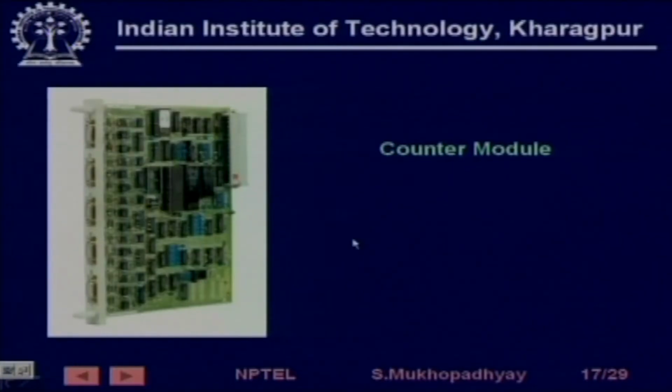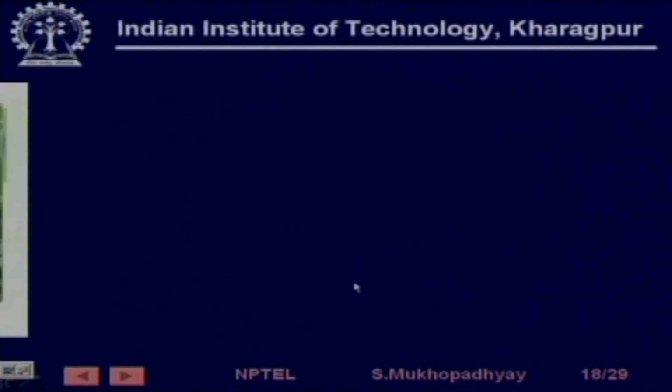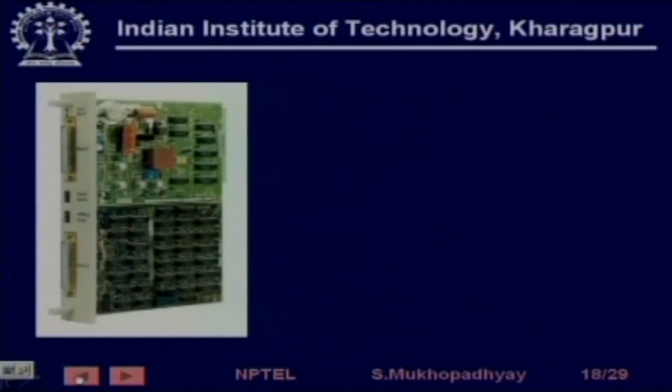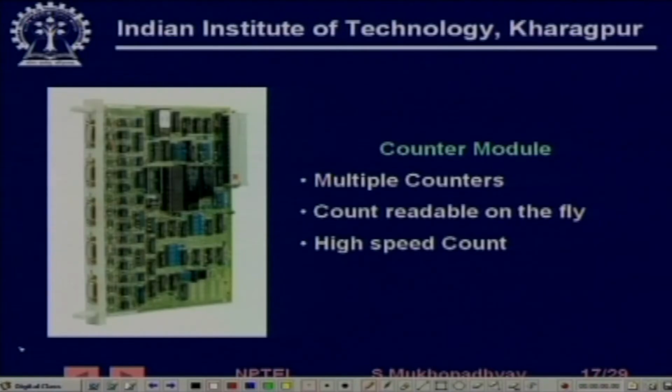This is another picture, a counter module. You can't make out much from the picture, but you can see, for example, that this module contains I think 5 counters. The count values have to be read on the bus, then event signals also have to come.